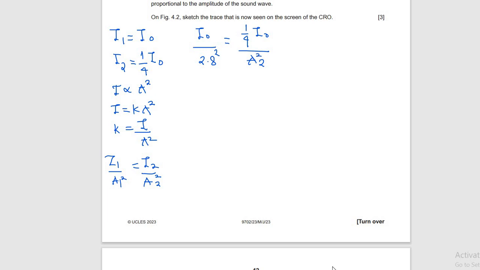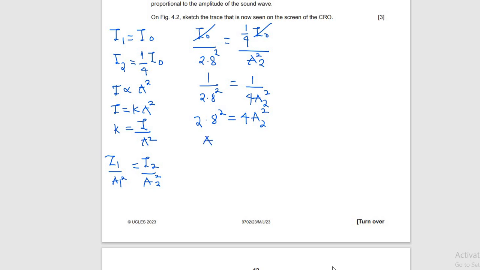I naught cancels I naught. So we have 1 over 2.8 squared equal to 1 over 4 A2 squared. When I cross multiply, at the end of the day, I'm going to have 2.8 squared equal to 4 A2 squared.